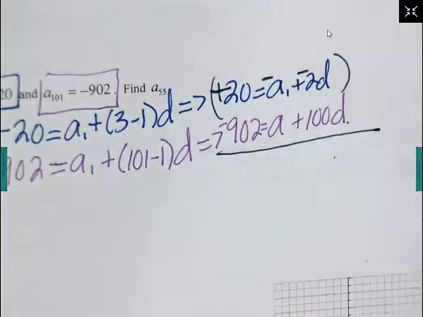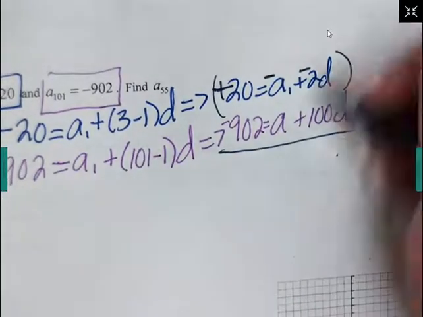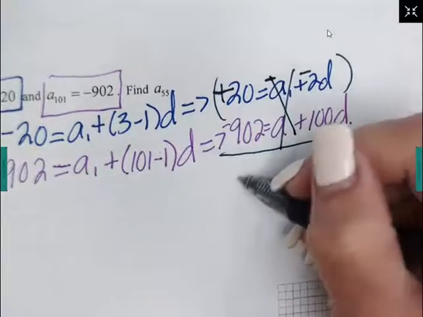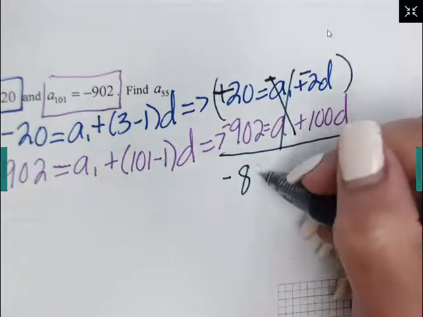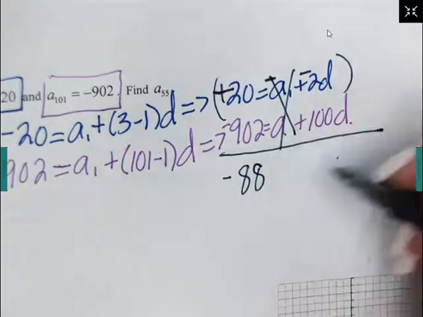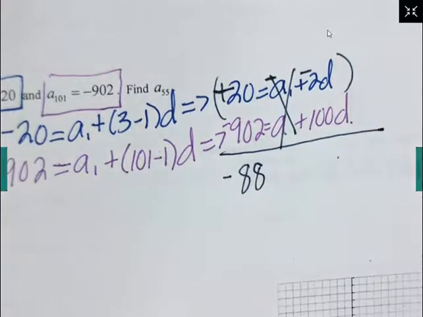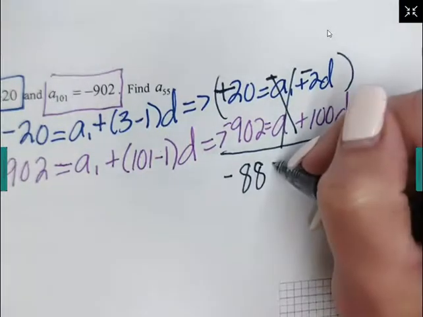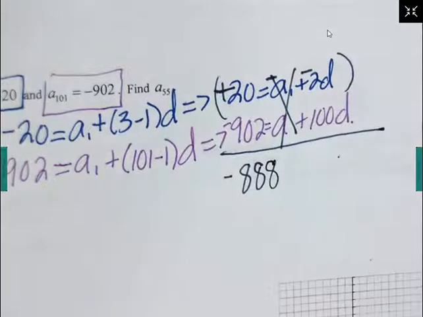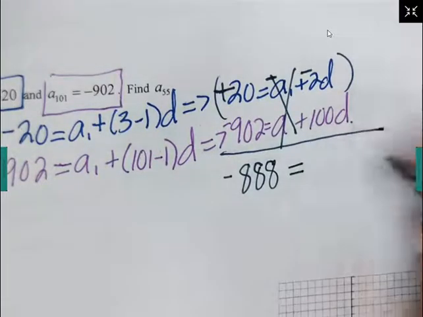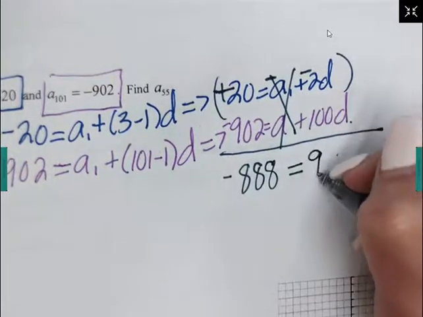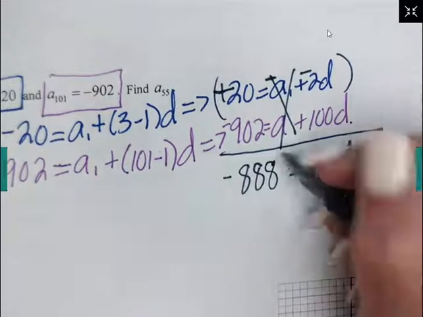When we add through here, what is that going to give us? These cancel. 82, is that right? Negative 888? Good.